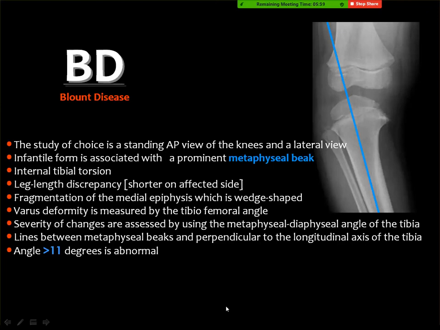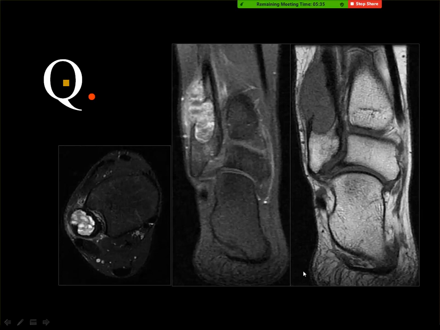And sometimes you may need to measure the angle. First of all, you draw a line along the shaft of the tibia, then you put a perpendicular line on it, and you measure the angle between this line and the surface of the affected metaphysis.